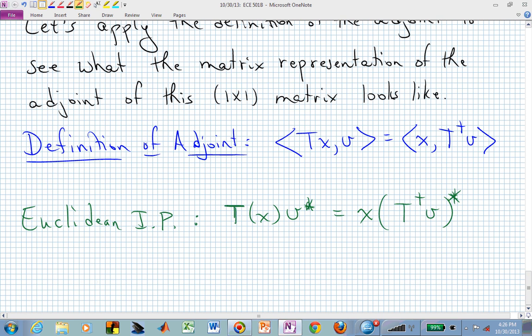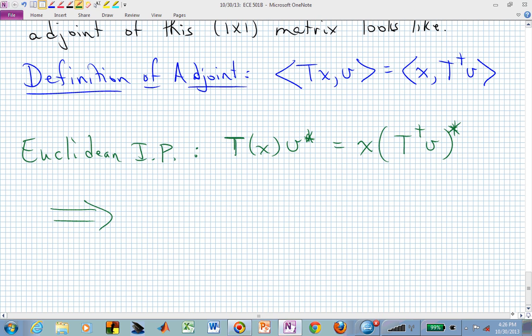Meaning, if Tx V star is equal to X times the complex conjugate of T dagger V, that means that we have Ax V star on the left. That's just using the definition of our linear map for T. And that's equal to X. Well, we don't know what T dagger looks like, so let's just create a new variable. We'll call it B since we've used A. Let's say that this is BV complex conjugate.